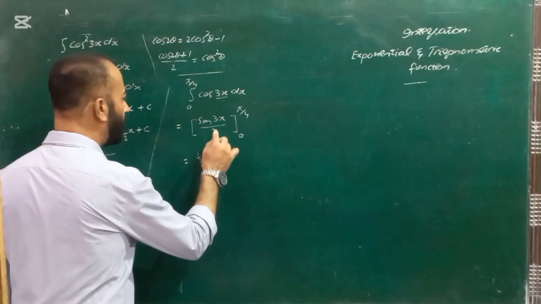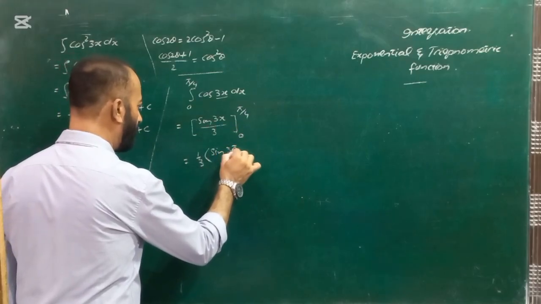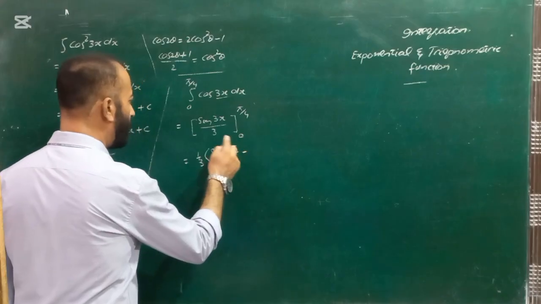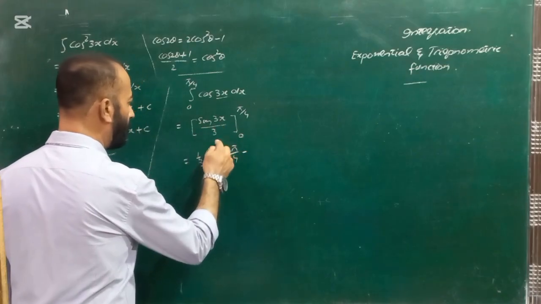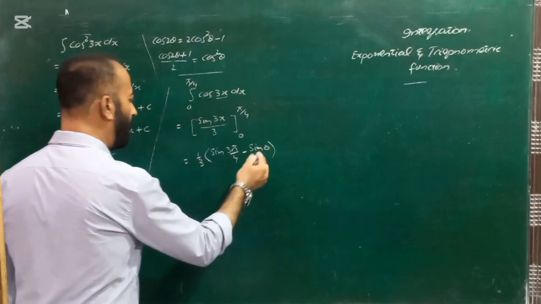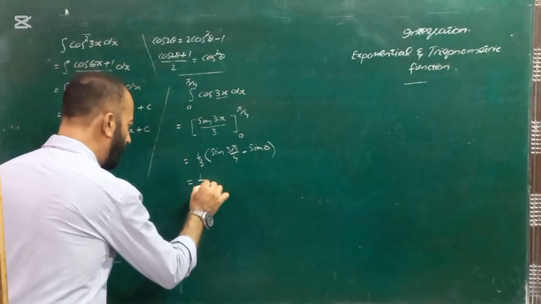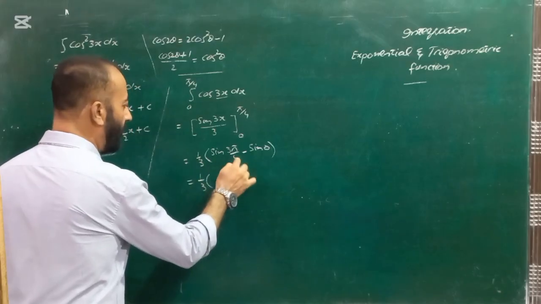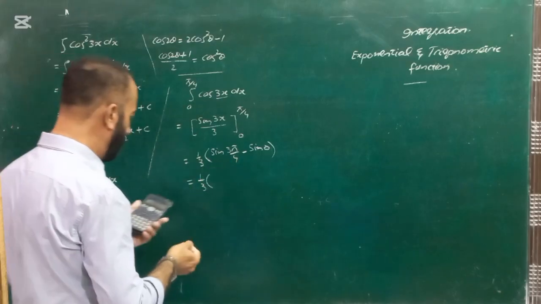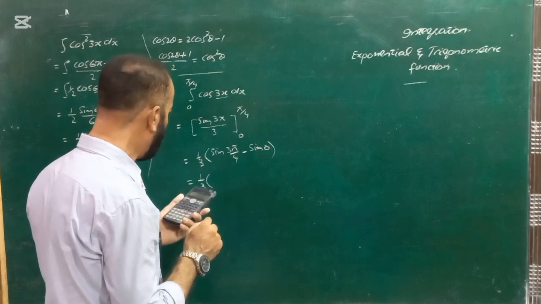So sine 3 pi by 4 minus sine 0. So upper limit minus lower limit has been applied. So in the next step, find sine 3 pi by 4, because this is in pi form. So first change your calculator into radian mode.